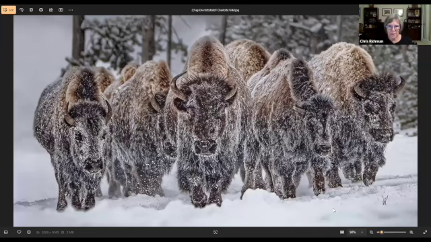So here's a similar herd, and I'm going to move that. Similar herd, 5 main animals. The difference between these is the way the snow is captured on this; it gives the entire image this grainy feeling.